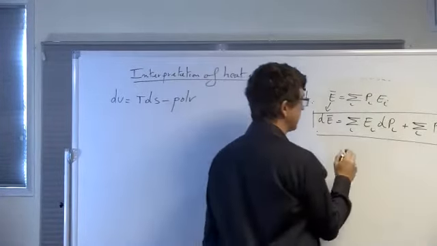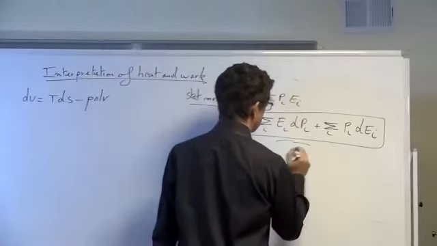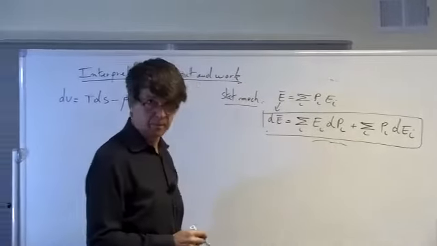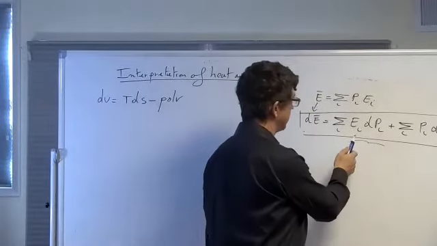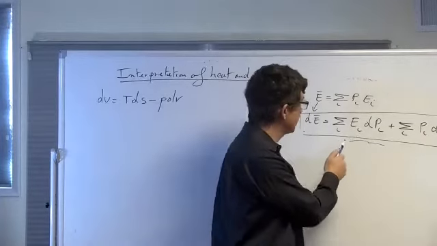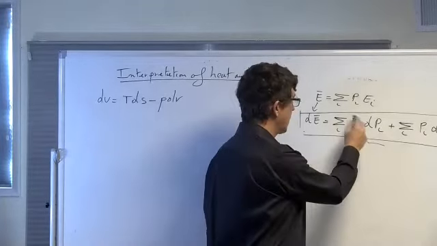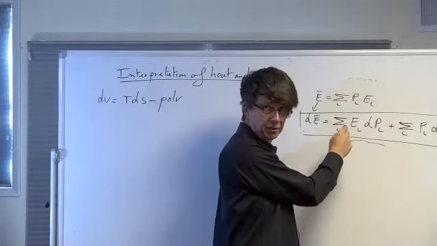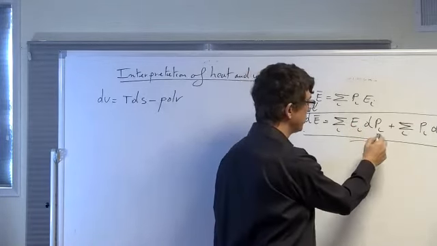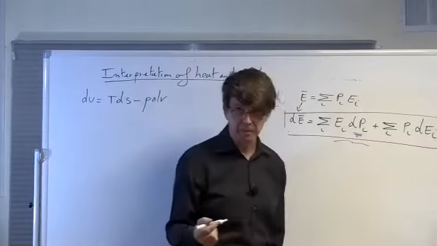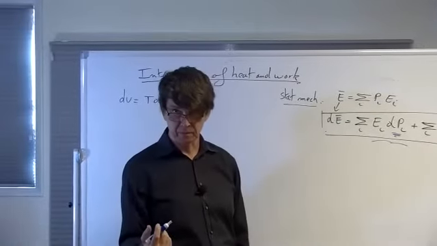Okay, let's look at this first term. This is the one that causes a change to the energy without changing the energy of the states, but you're changing how you're distributing along them. You have a dP. You have a change in distribution.